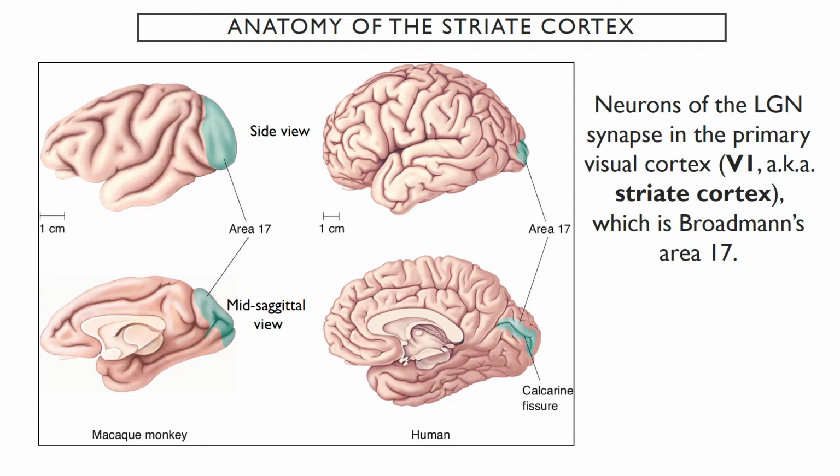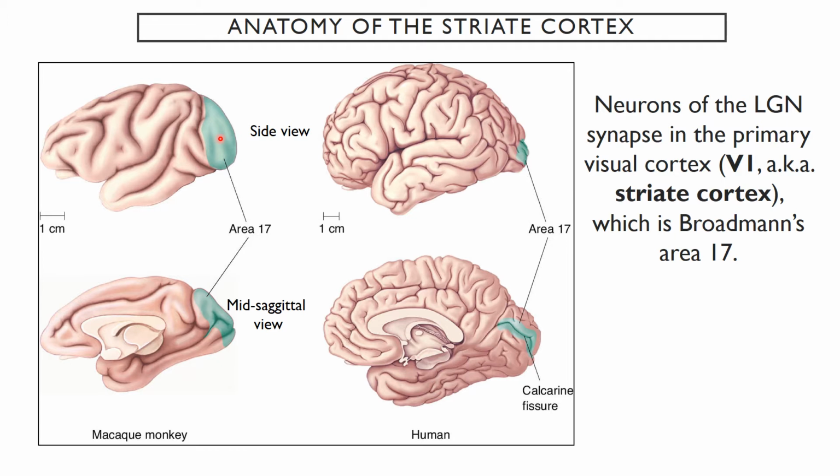So the output of the LGN is to the visual cortex, and they project to the primary visual cortex, which is the first station of the cortical visual system. There's a few names by which the primary visual cortex is referred to. Primary visual cortex is one of the main ways.